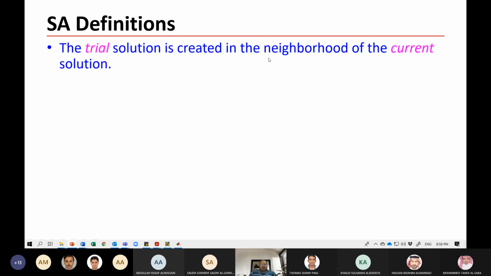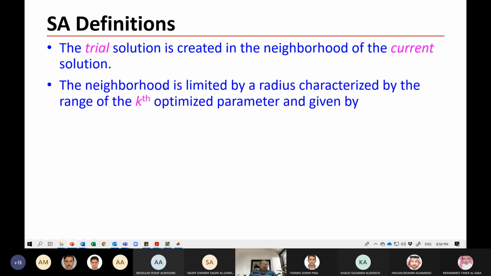As in the particle swarm, where we define V max by dividing the intervals, you can do the same for simulated annealing to define the neighborhood.